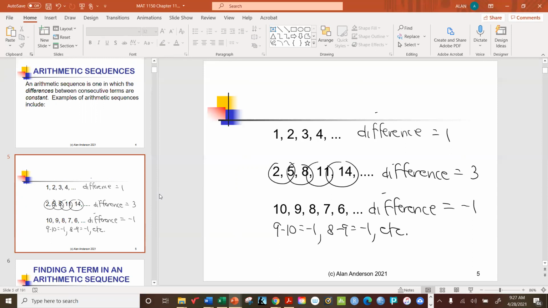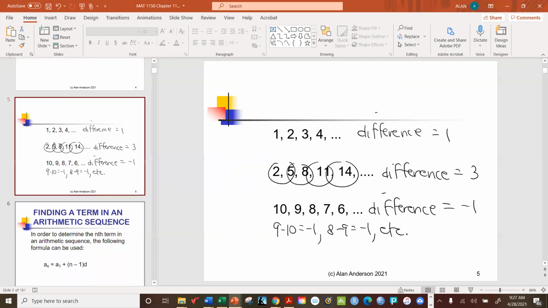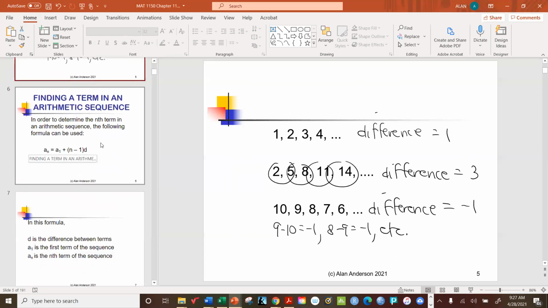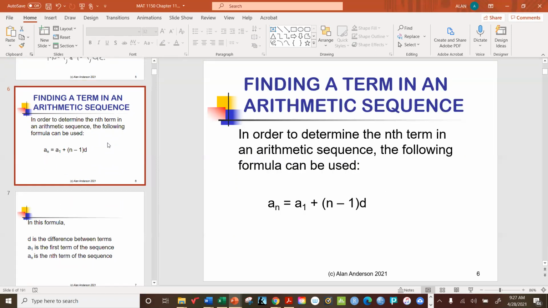All right, now we next need to introduce some notation to explain these sequences so that we can describe them in general terms. And so we're going to use the following terminology, or notation, I should say, to describe terms of a sequence. Okay, so A represents a single term in a sequence.